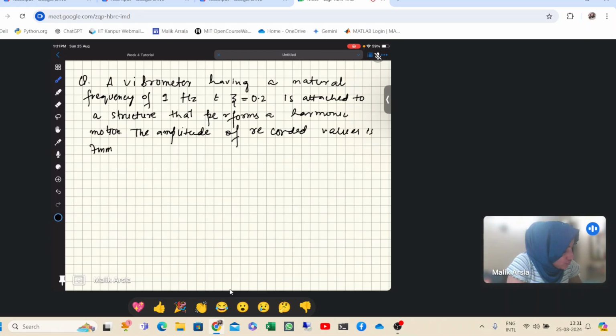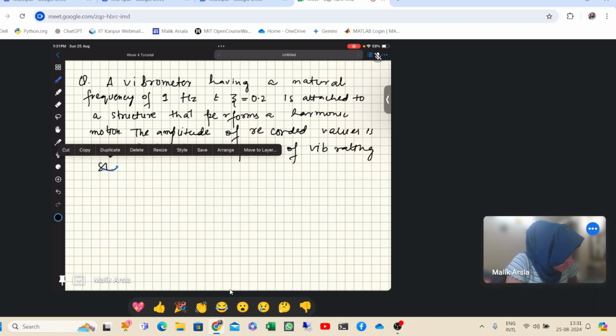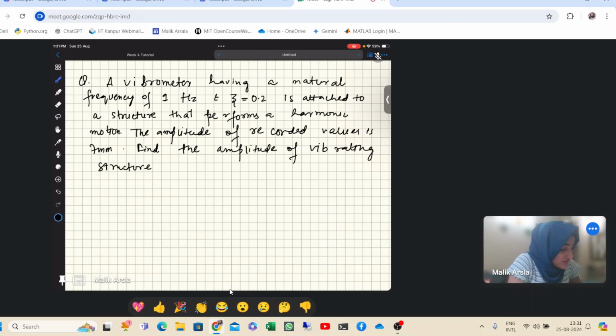Find the amplitude of the vibrating structure when its frequency is 50 radian per second.